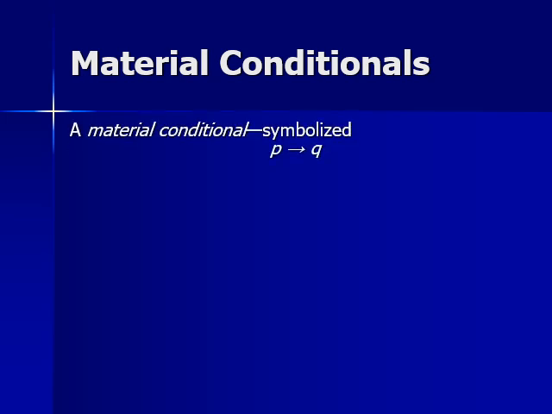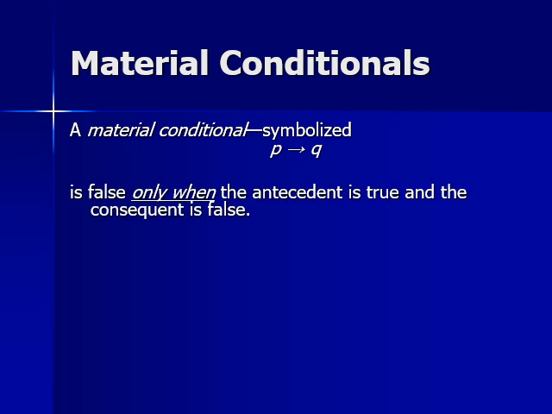For a material conditional, which will be symbolized in this way, P arrow Q, or R arrow S, or whatever, a material conditional is false only when the antecedent is true and the consequent is false. That's that third feature that we talked about. For a material conditional, that's the only time that it is false.